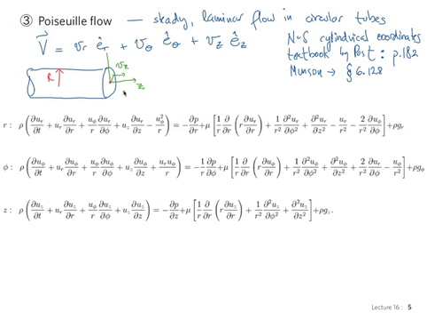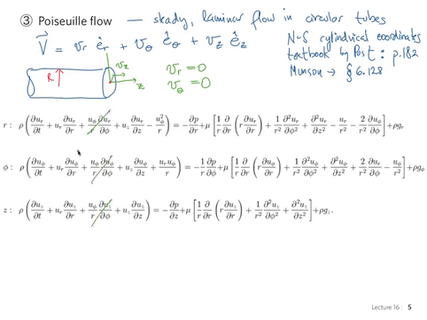But for steady laminar flow in a pipe, we have no radial velocity and no azimuthal velocity. These are 0. So if you're looking at your Navier-Stokes equations, everything that has v theta, or it's u in my equation here, is 0. So that's 0, that's 0, that's 0.